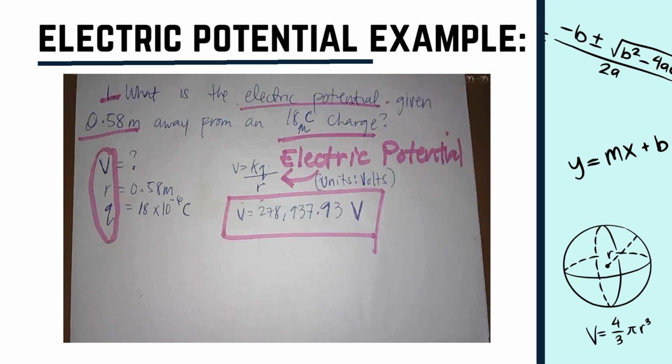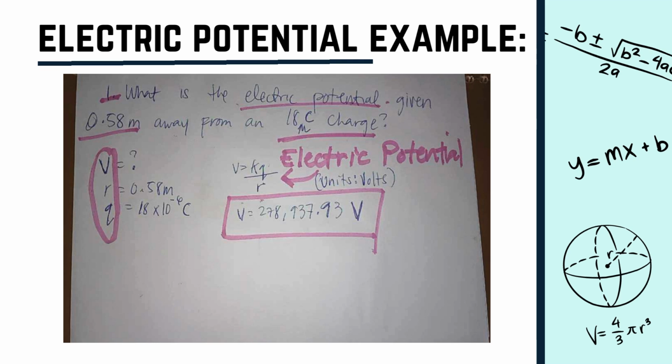So, let's start with this formula. V equals k. Ang k natin ay 8.988 times 10 raised to 9. Yan yung constant na k or Coulomb. While the Q, as you can see in the PowerPoint, is 18 times 10 raised to negative 6 coulomb.